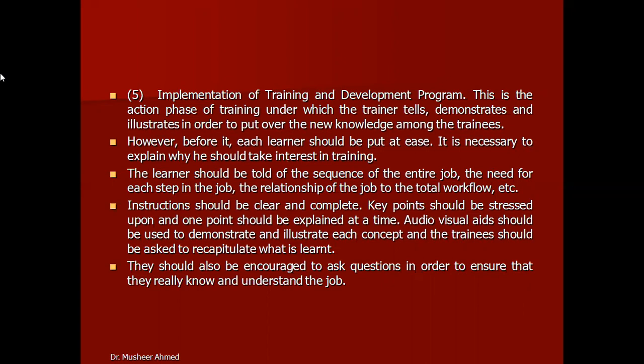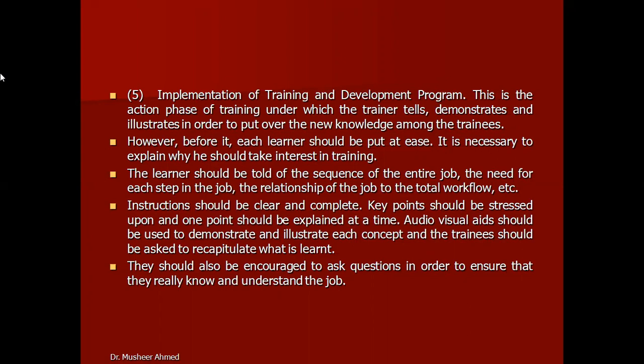They should be told about the sequence of the job, the need for different steps in the job, the relationship of the job to the total workflow, etc. Means every piece of information about those aspects which are the objective of training, right?